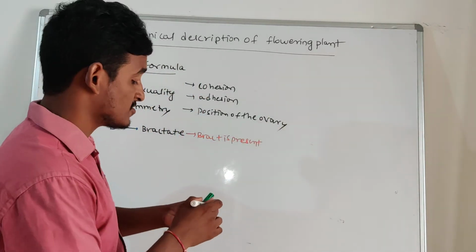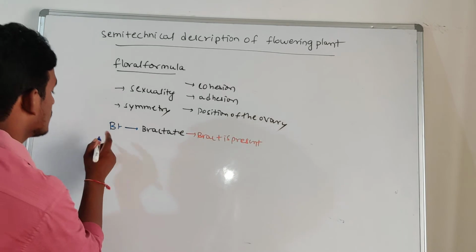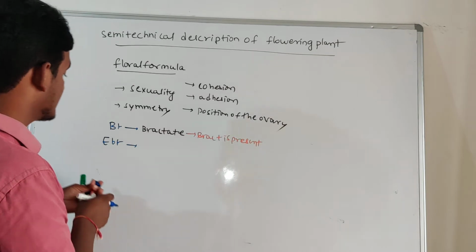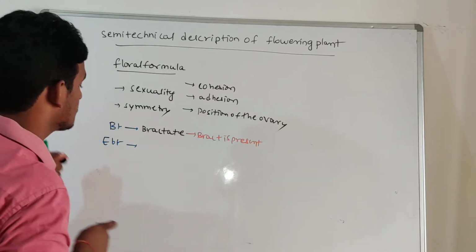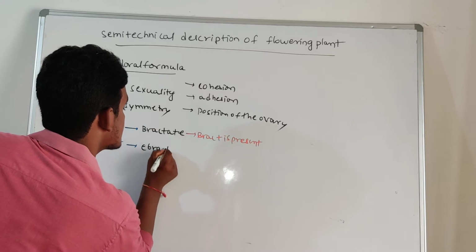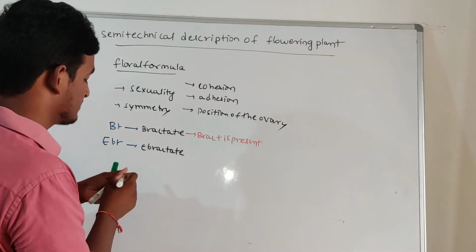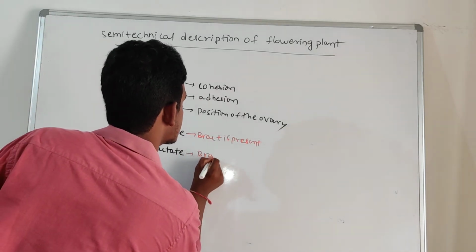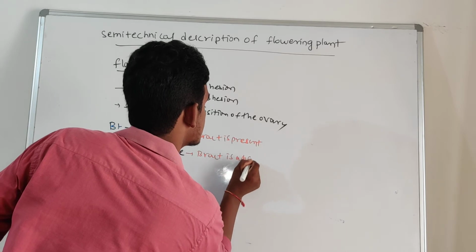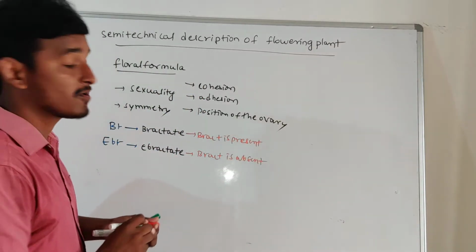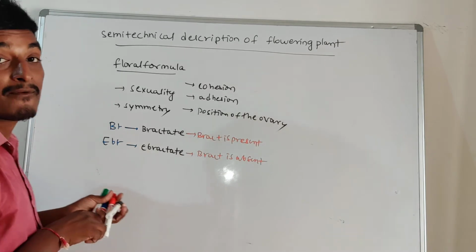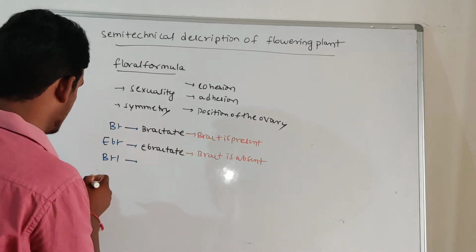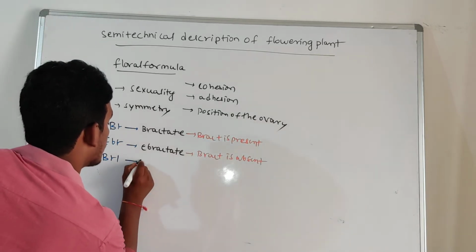If the bract is absent, then we write EBR. EBR stands for ebracteate, which means the bract is absent. Later BRL, bracteolate. BRL stands for bracteolate.